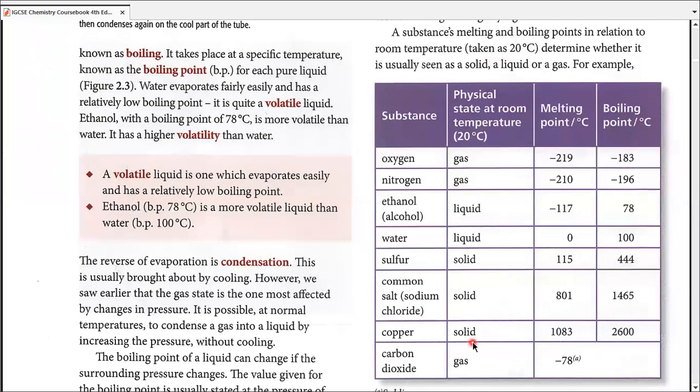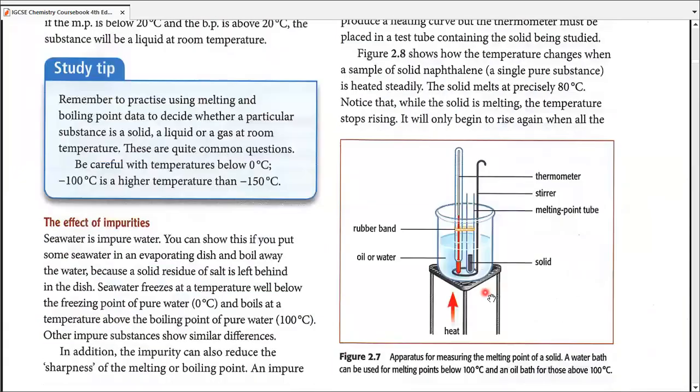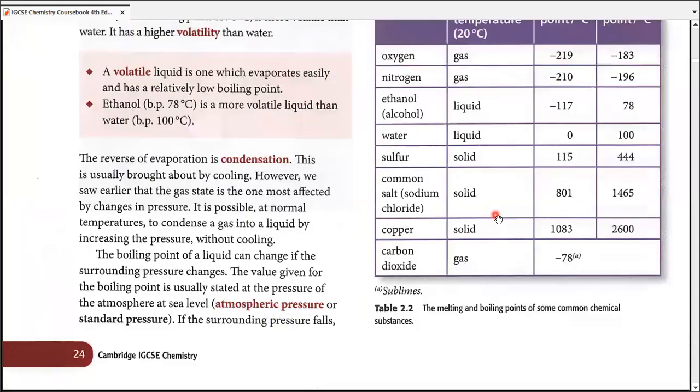When we are manually trying to find the melting or boiling point, if you're not vigilant enough, you won't be able to observe the bubbles that have started during boiling, or the change in level if a solid is being melted into a liquid. And if you're not vigilant enough, you're definitely going to miss that point. All right.